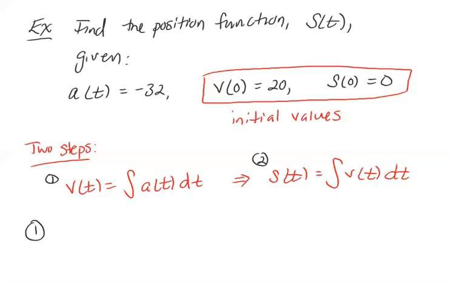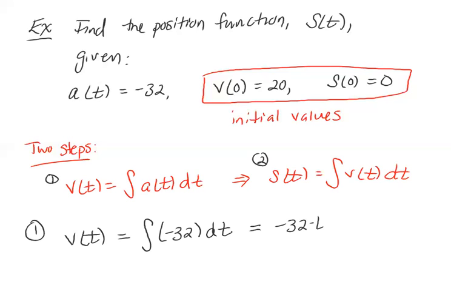Let's do step 1. Find the velocity function. It is equal to the integral of the acceleration function. That acceleration function is negative 32 dt. Okay. Negative 32 is a constant, and I know that the antiderivative of a constant is that constant times the variable itself, t, and then I have to add the arbitrary constant c to the end.